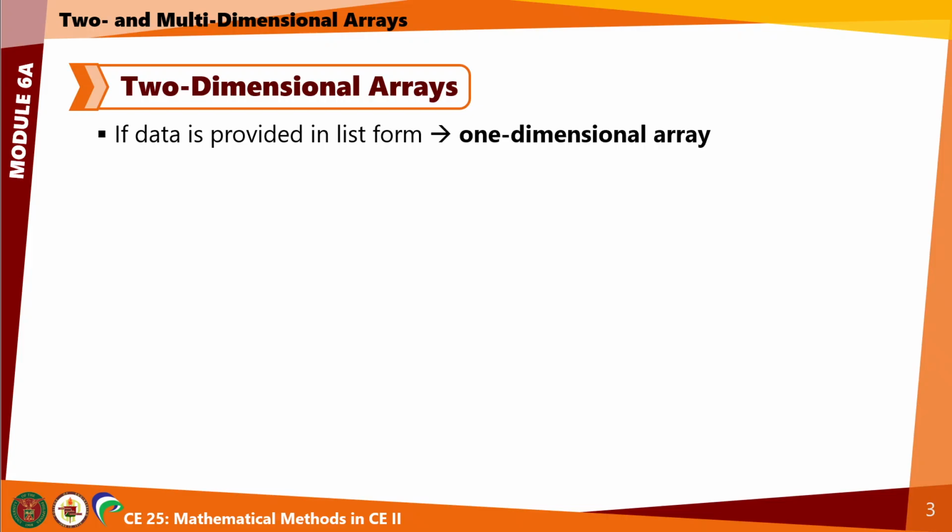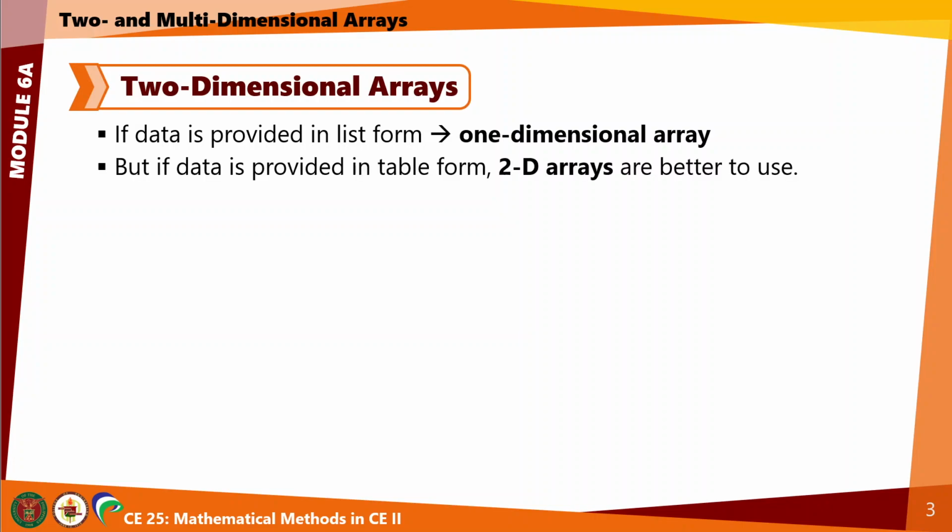When we say two-dimensional arrays, instead of a list form ang meron sa atin, kasi kapag list form, di ba, kayang-kaya natin gamitin sa one-dimensional array. Kapag 2D array, meron tayong data, typically, in table form. Meron tayong number of rows and number of columns. So, 2D array siya kasi may two components tayo, the x and the y, the horizontal and the vertical.